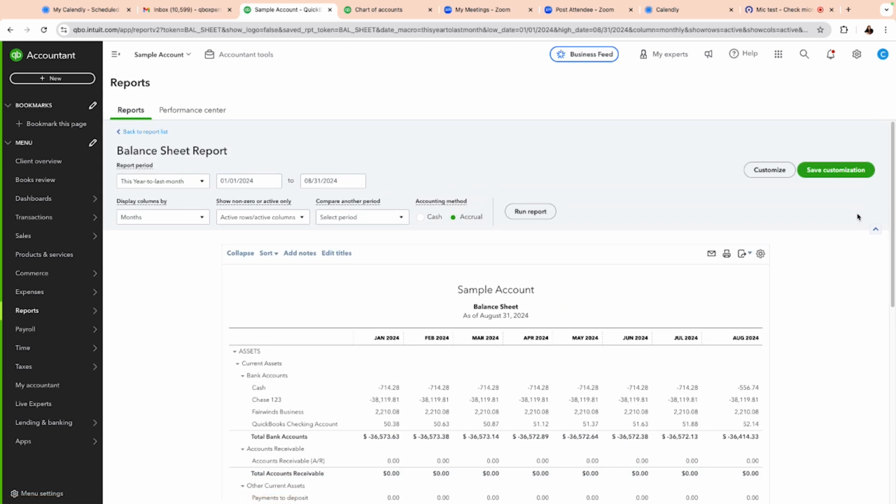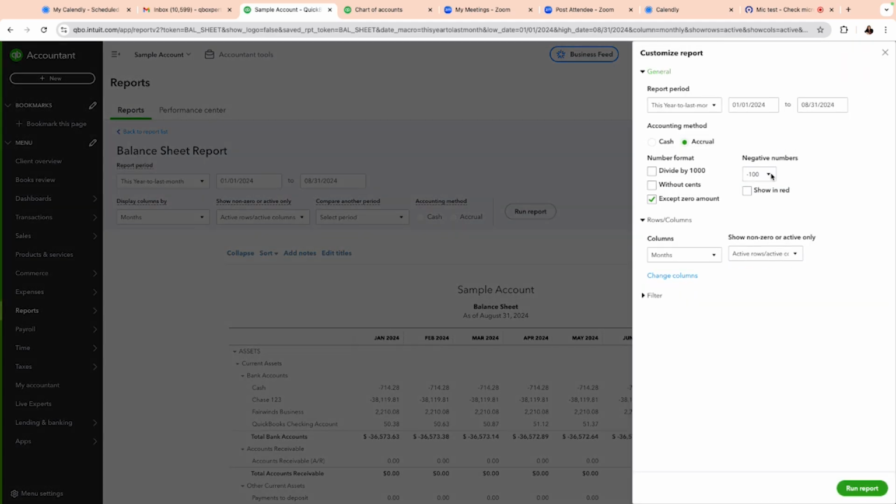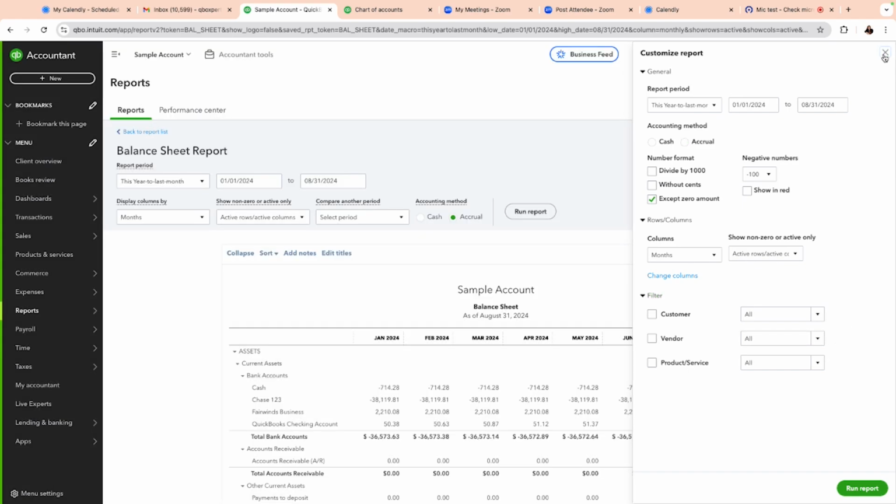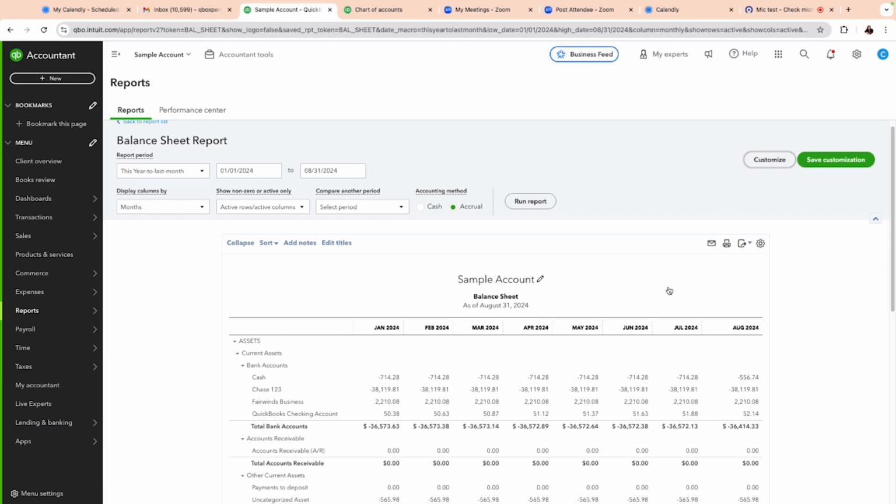And of course, one more thing, you can customize. Look at this. If you click on customize filter, you can filter by customer, vendor, or products and service, so that you can look specifically at maybe your accounts receivable or accounts payable, and be able to analyze that specifically.